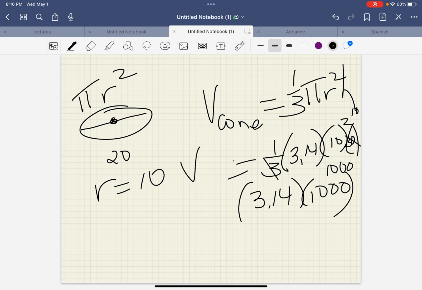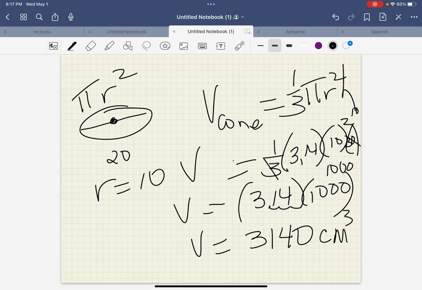It's 3. 3 zeros in 1,000. So you move the decimal over 3 places. So the volume is going to be 3,140. And the units on that were, does it say? Centimeters. So this is centimeters cubed also. All right, so the pyramid and the cone are the same. You work them out the same.